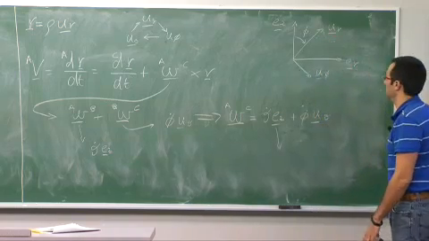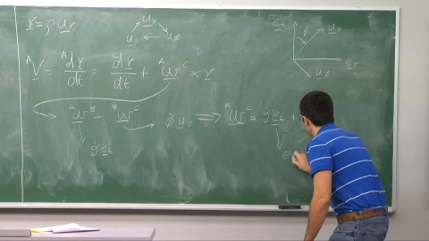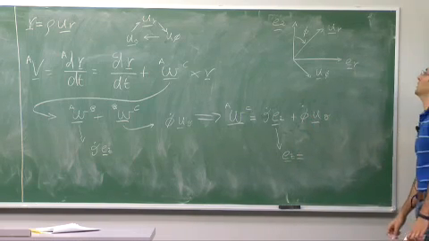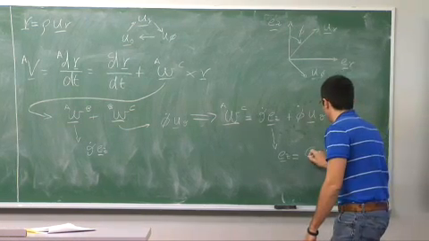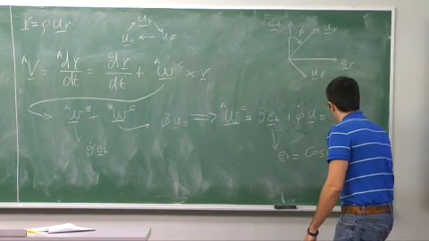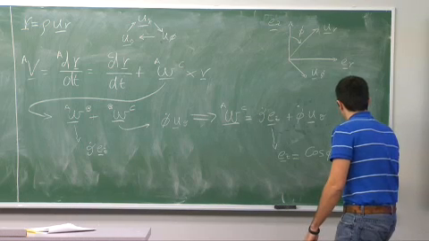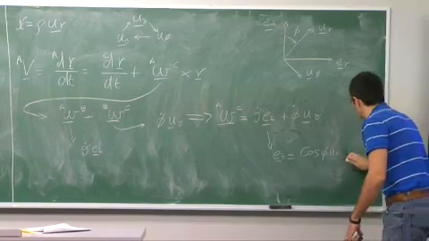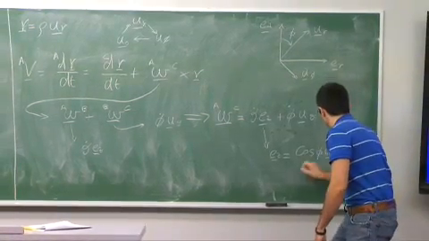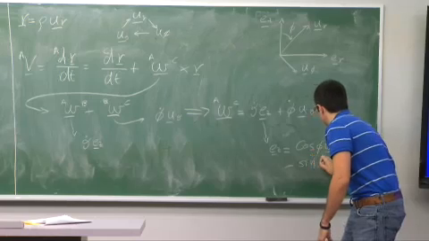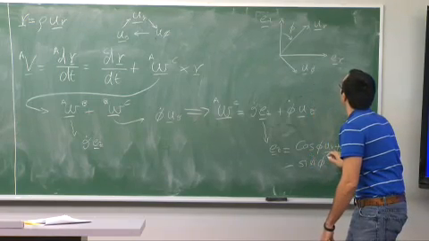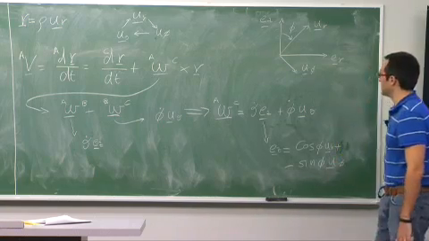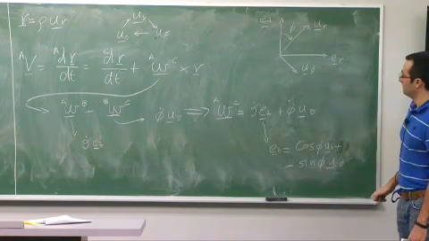What is EZ? It's cosine of phi UR minus sine of phi U phi. Making sense?